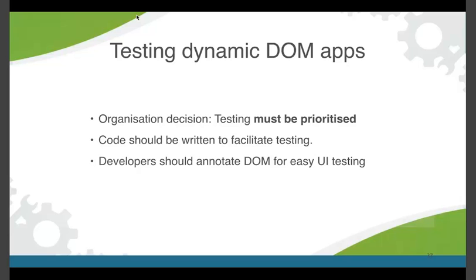So this should be somewhere like week 1 when you start your project. This should be on the roadmap. And the developers should help the testers, depending on who's doing the testing, but there should definitely be smart annotation of the DOM. So there should be a team-wide decision made, like how are we going to make sure that we can write stable tests.